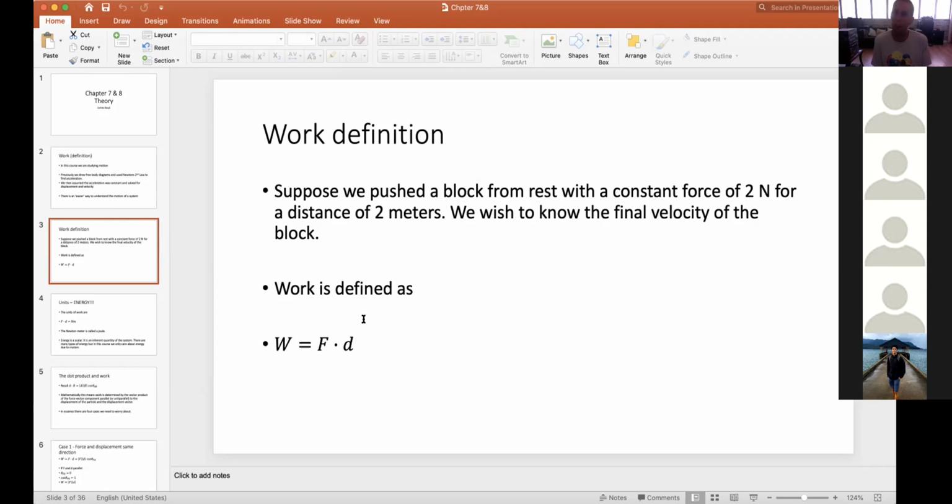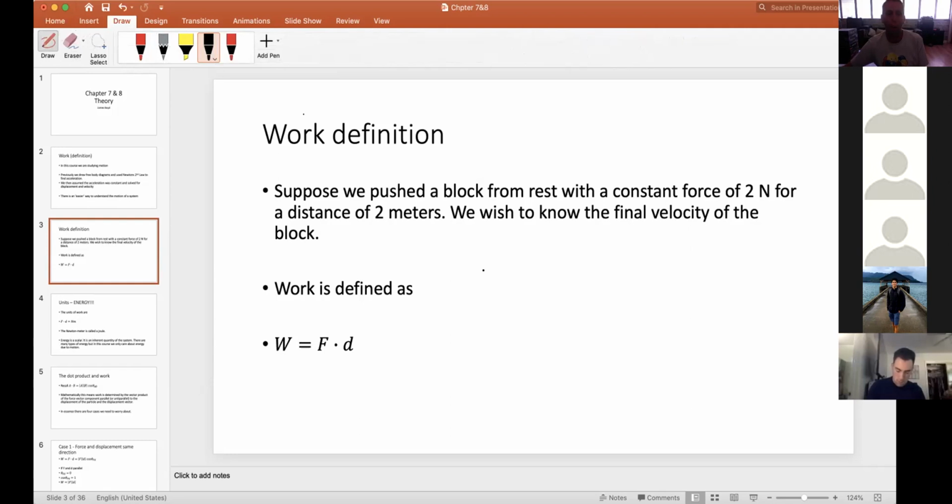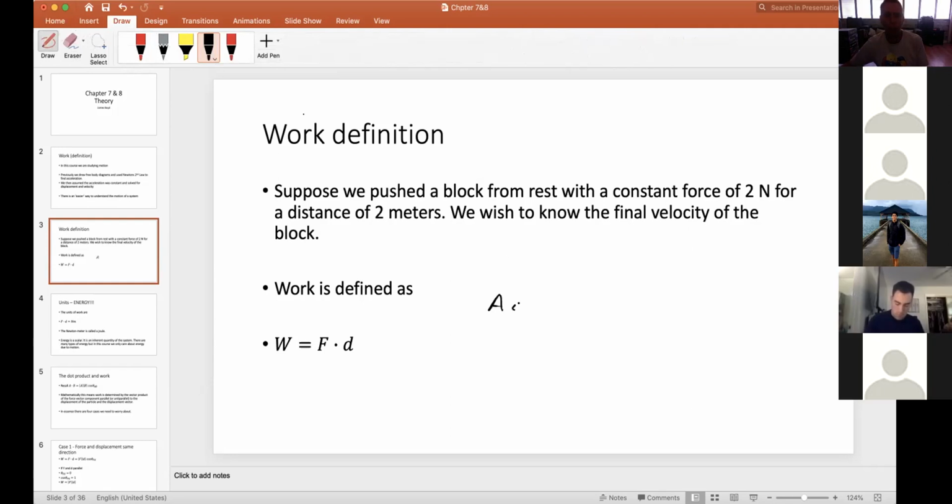It's why I wanted you to find the components. Remember that if we do a dot product, A dot B is AX BX plus AY BY plus AZ BZ, et cetera. What that meant, though, was that we were multiplying the parallel parts of two vectors.